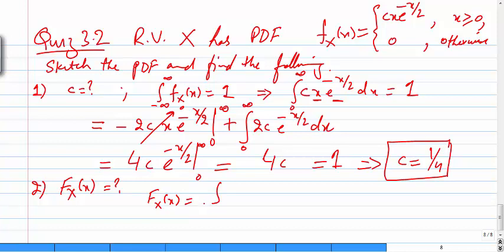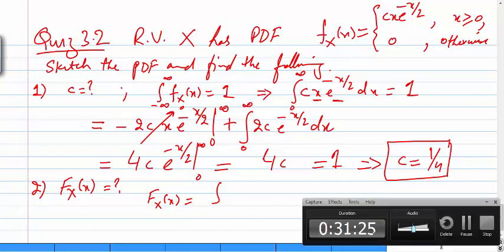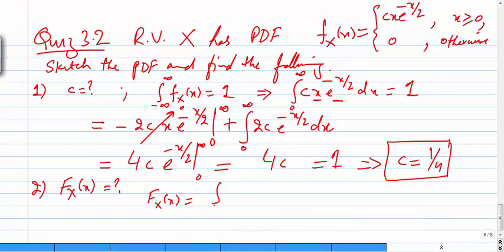So if we apply the theorem, if you look at theorem 3.2, it says the integral from minus infinity to x of f(u) du. So this is the theorem. Now plug in the values.